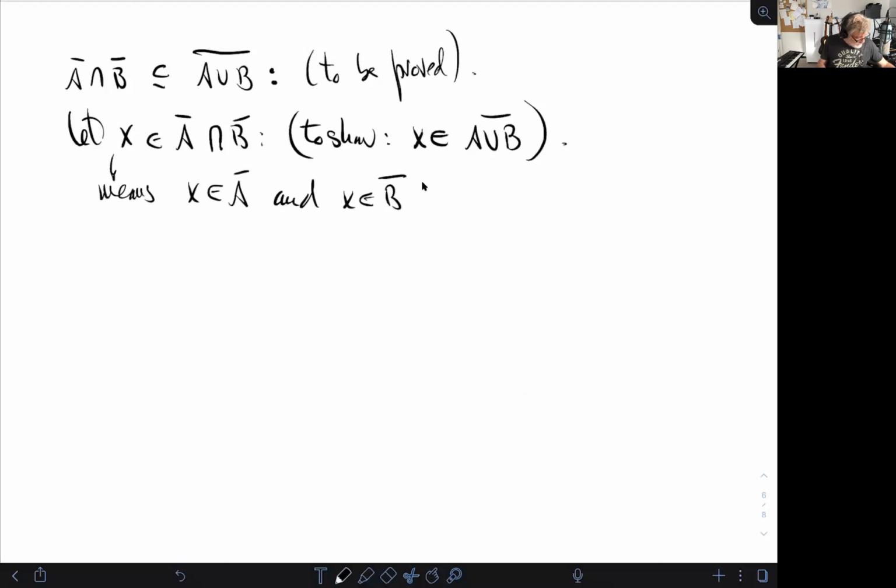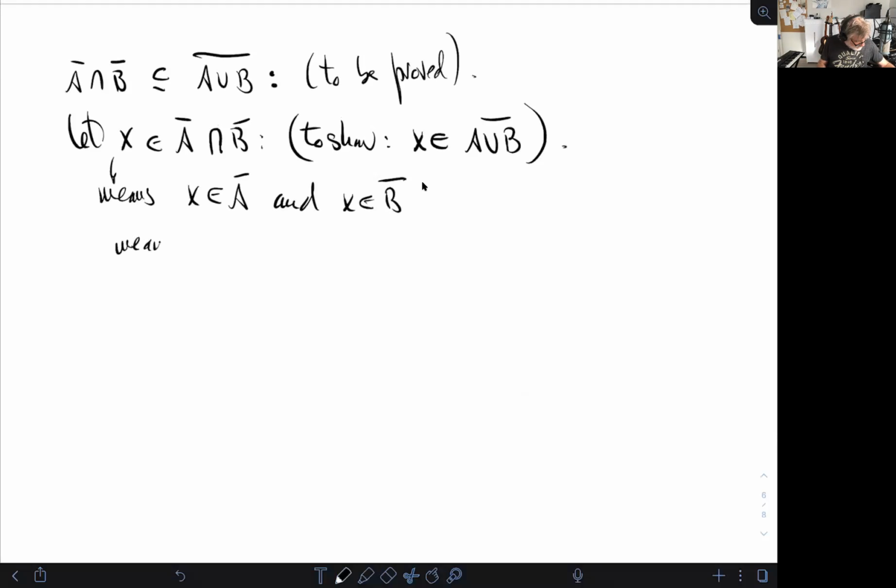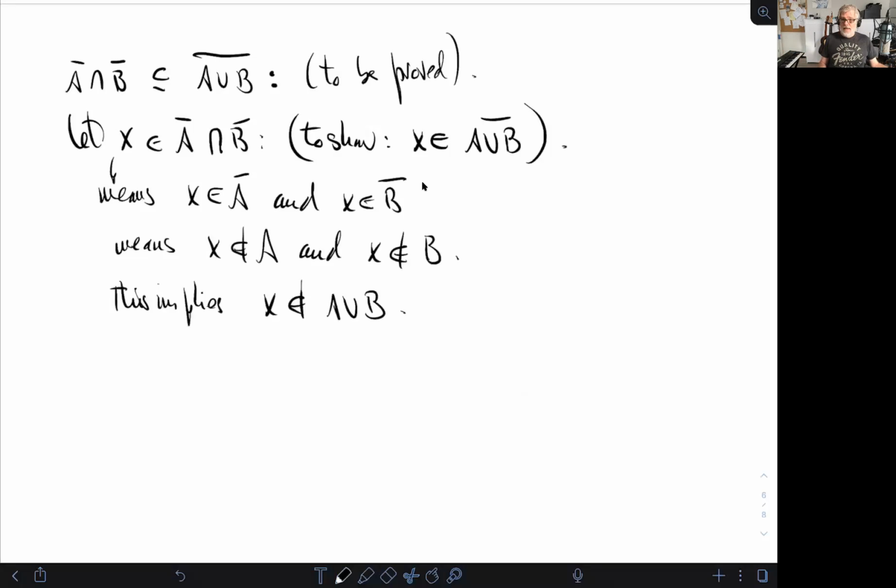It means it's not in A. So this means x is not in A and x is not in B. And so this implies, or is equivalent to, if x is not in A and it is not in B, then it is not in A union B. And x not in A union B means x is in the complement of A union B.